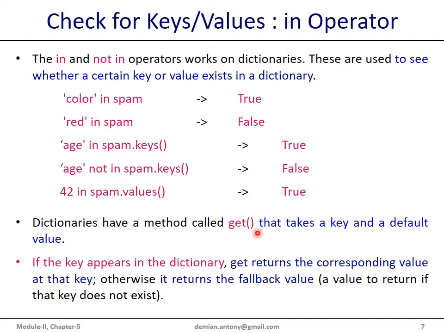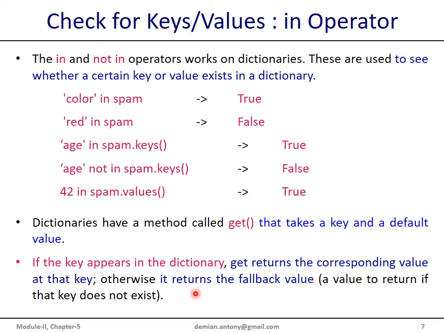called the get method. This is a very useful and popular method. What it does is it takes a key as the first parameter and a default value as the second parameter, and returns the value at the first argument, that is the key, if the key is found, and in case the key is not found, then it returns the default value that is supplied as the second parameter.